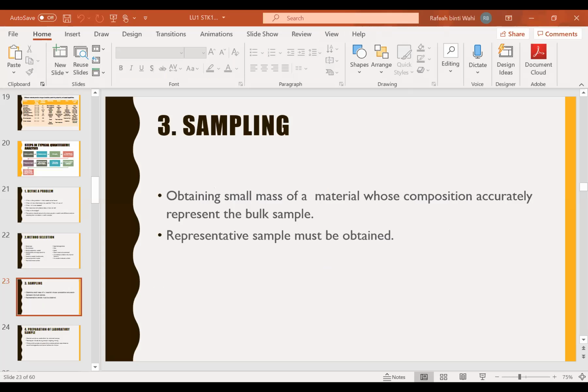You can answer in the chat box. I'm looking at the chat box. Any answer? Why do you think we do sampling after we determine the method? Why not before we determine the method?